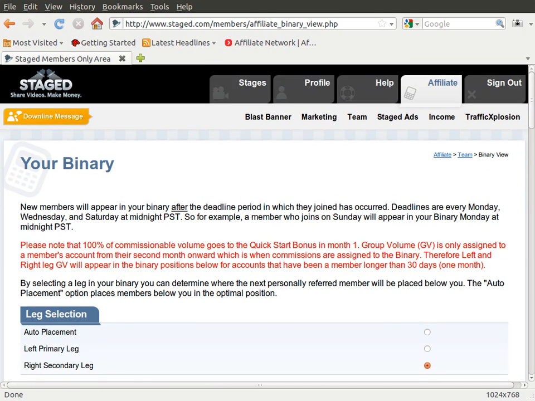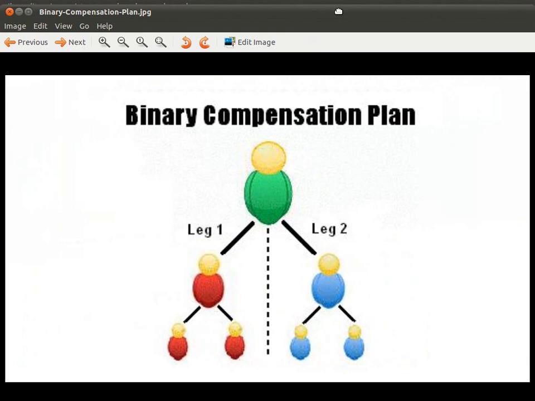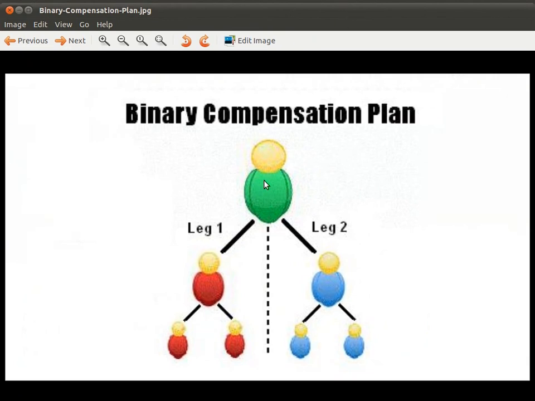let's take a look at a binary, and I've got a real basic picture that I can drag into the screen here. A binary compensation plan, this is you at the top. Again, you have a left leg and you have a right leg. So if you had left leg selected back in the members only site, then the first person you sponsor would go here.